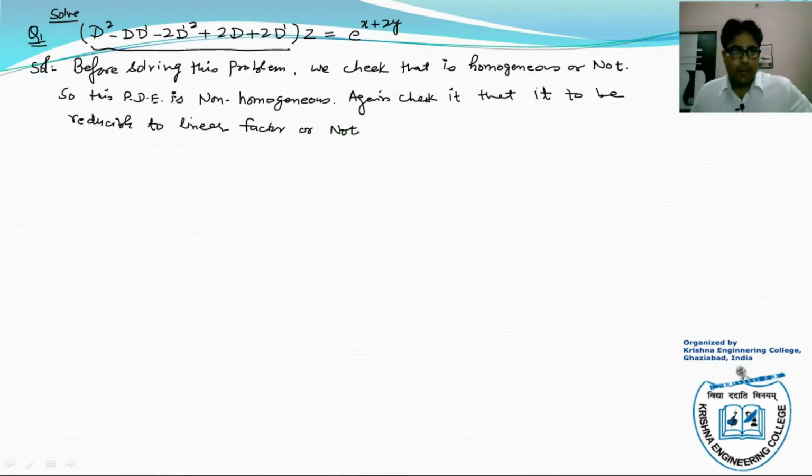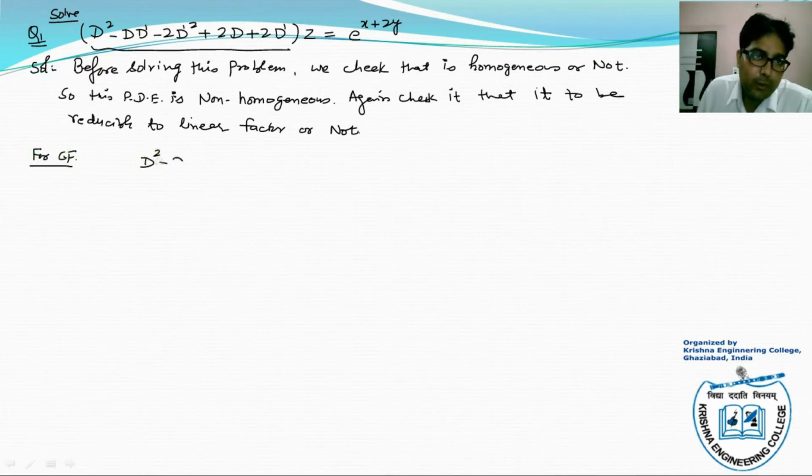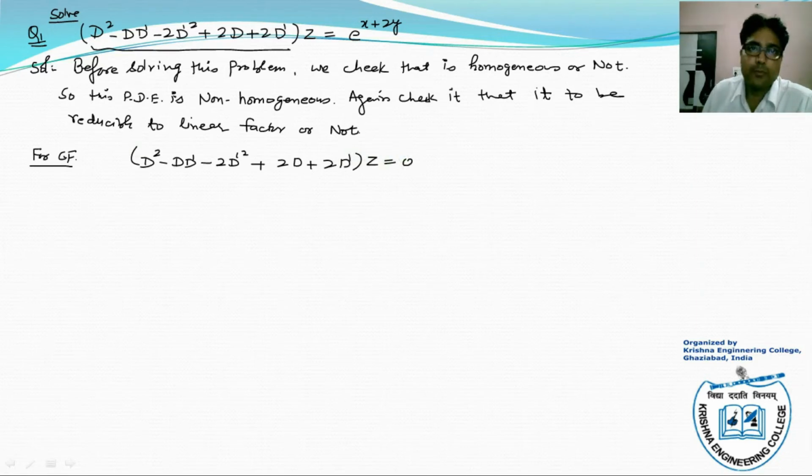Now to find whether it is reducible to linear factors, we try to factorize this equation for CF. Take D square minus D dash minus 2D dash square plus 2D plus 2D dash, z is equal to 0. Clear? So we try to factorize.